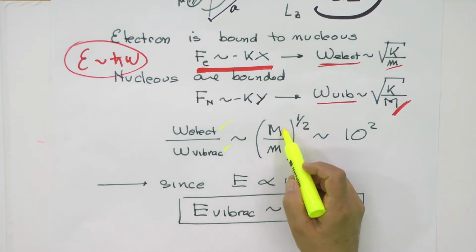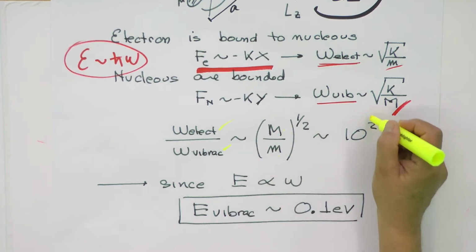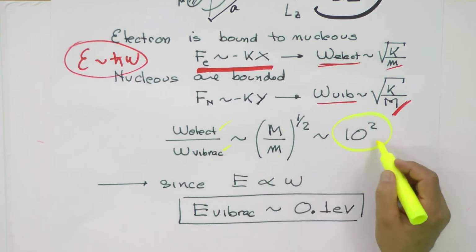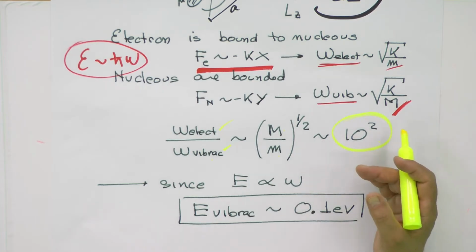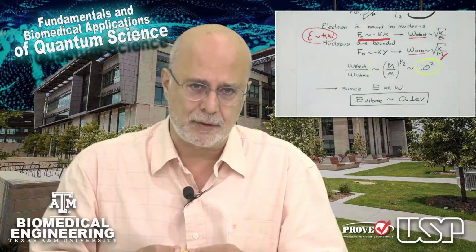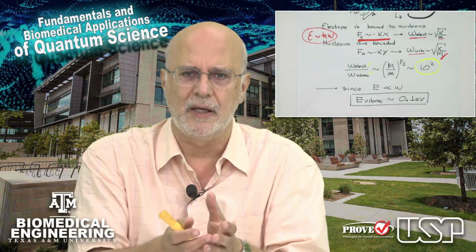And this mass ratio is about 10,000, which gives us a factor of 100. So the energy contained in the vibration is 100 times less than the energy contained in the electrons themselves. So the chemical bond is actually the main source of energy of a molecule, because most of the energy is there.